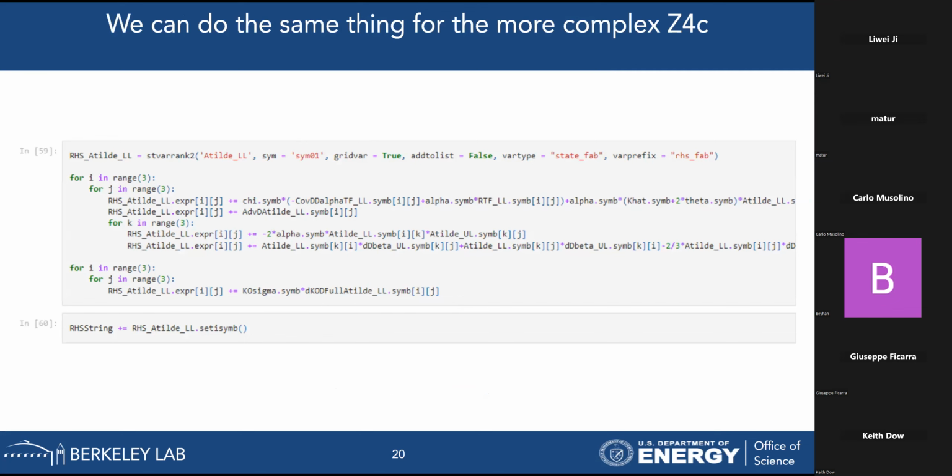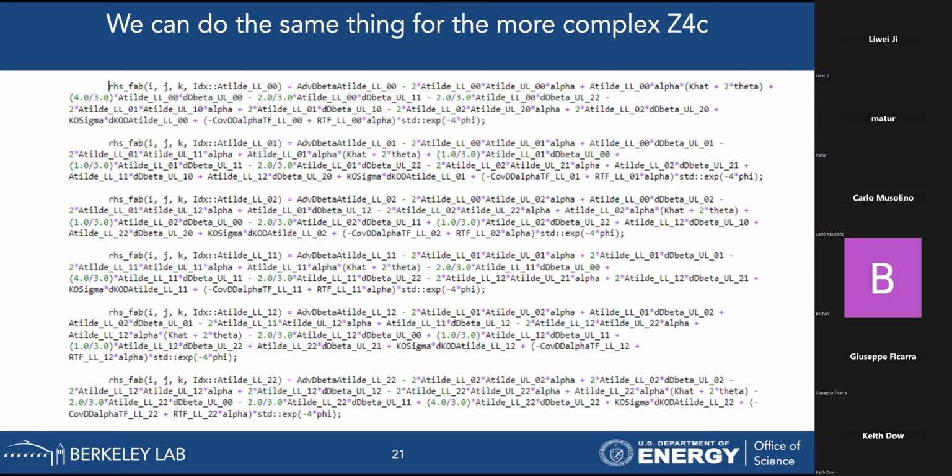So when you spit out the right-hand side, it doesn't spit out 9 components, it spits out 6. We have things built in for anti-symmetric tensors too. In that case, it would only spit out 3 components. You can mix and match symmetries between different indices.